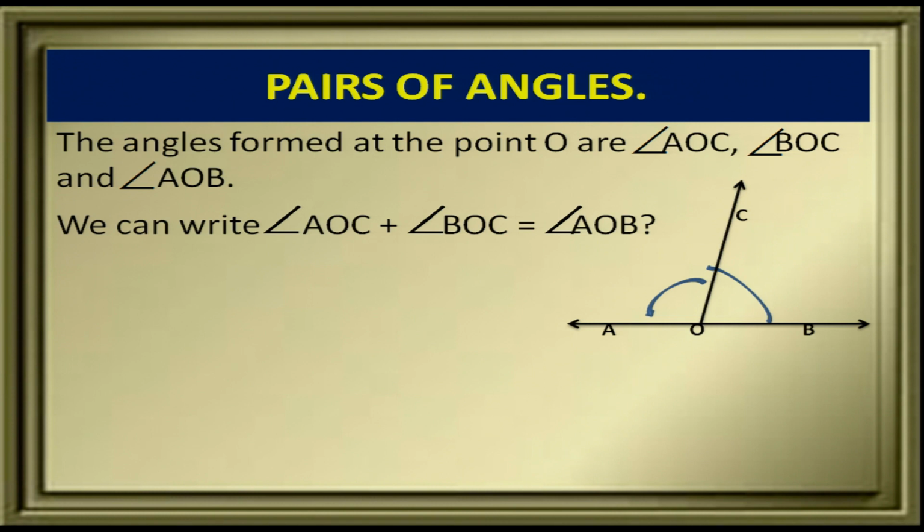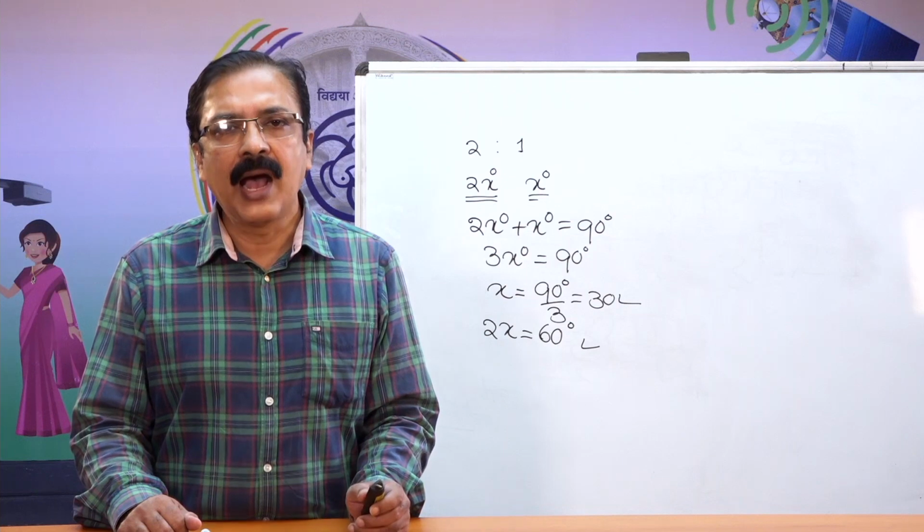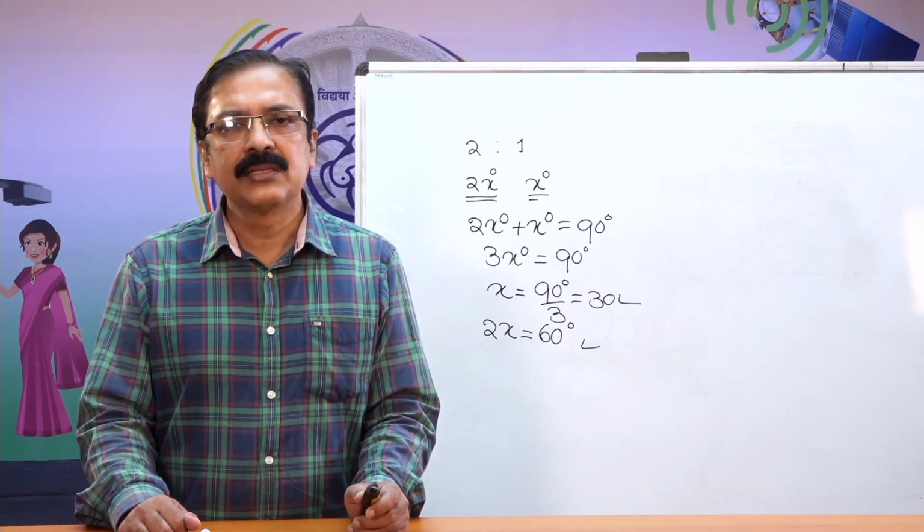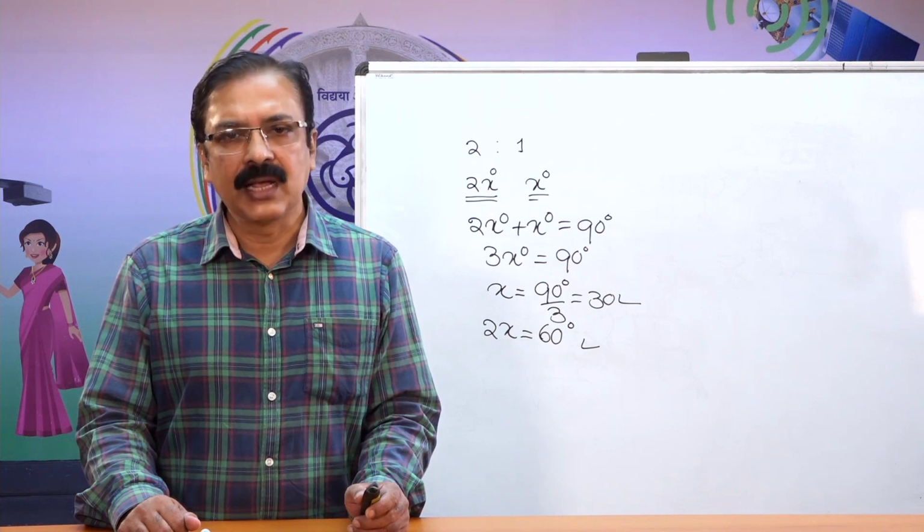As we know, AOB has the non-common arms of the adjacent angles AOC and BOC. So AB is a straight line, and the angle obtained by the non-common arms is the same as the sum of the adjacent angles.